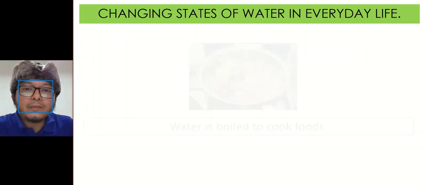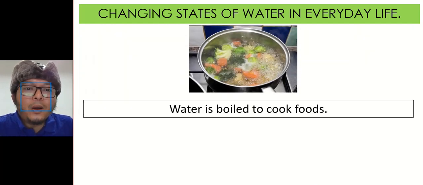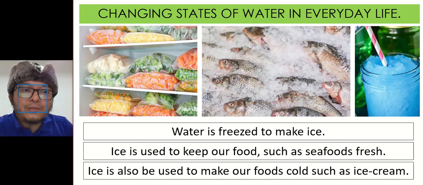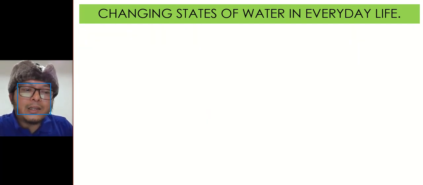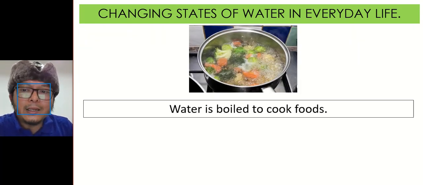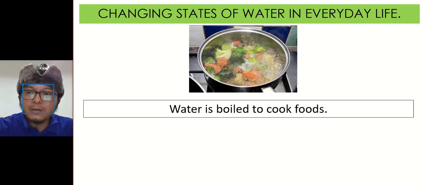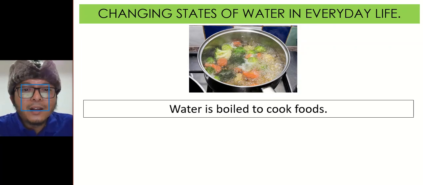Next, water is boiled to cook food. When you boil it, like I said, this is freezing and this is boiling, and boiling produces steam.